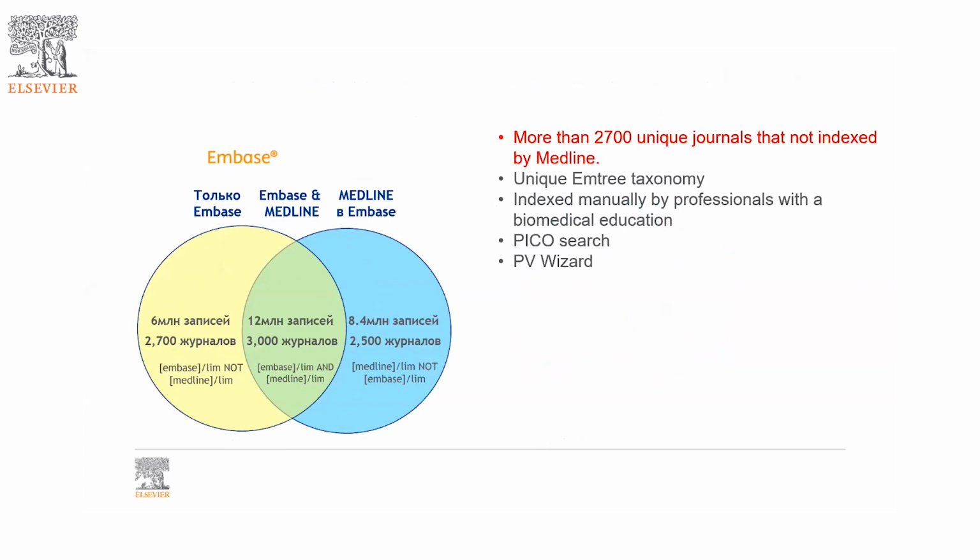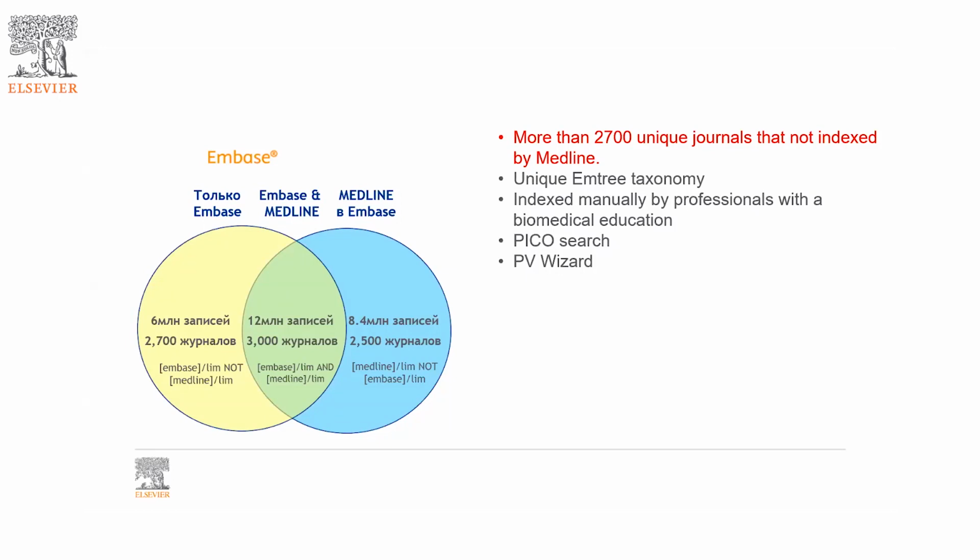As I said before, all Medline content is included in Embase, and content from about 3,000 unique journals is also included in Embase and does not exist in Medline. These are really important things.